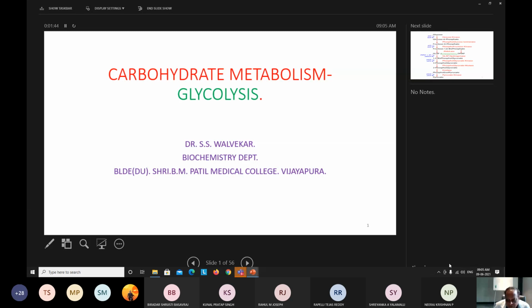It involves about 10 steps wherein the glucose molecule comes across various enzymes, and the products that are formed will be the starting material for the next reaction. At the end of the 10 reactions, pyruvate will be formed in the aerobic reaction, whereas lactate will be formed in the anaerobic reaction.